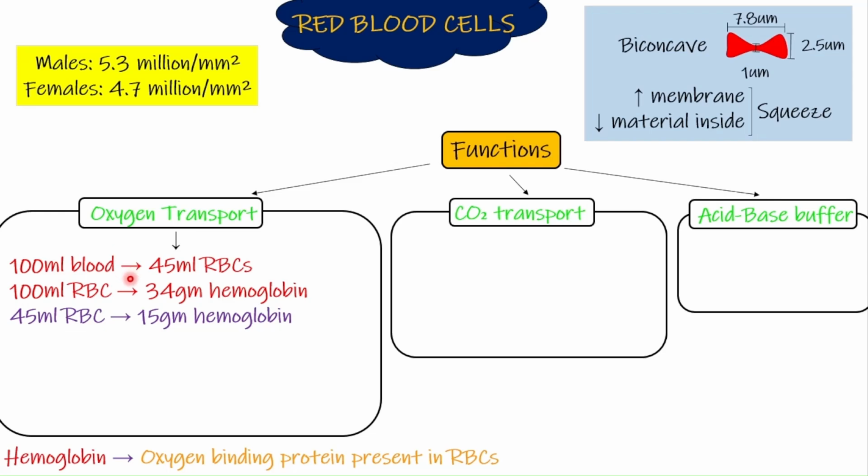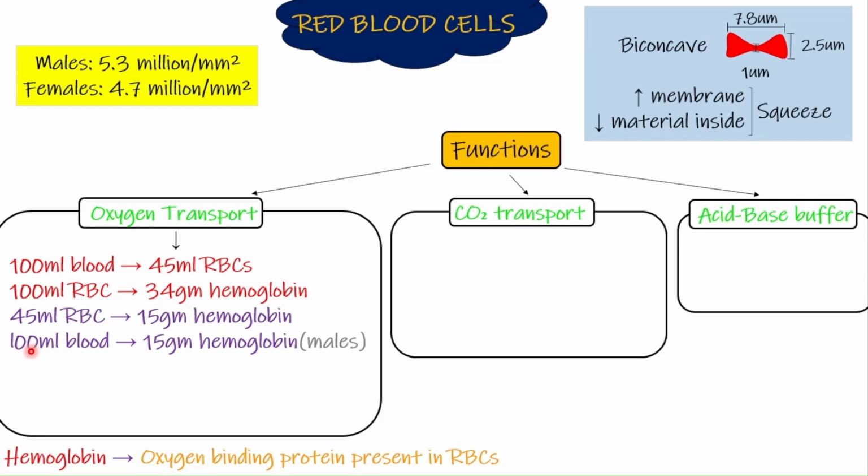So first we calculate the amount of RBCs present in it, then the amount of hemoglobin present in these RBCs, and then the amount of oxygen carried by that amount of hemoglobin. So 45 ml of RBCs will have 15 grams of hemoglobin in them. So 100 ml of blood will have 15 grams of hemoglobin.